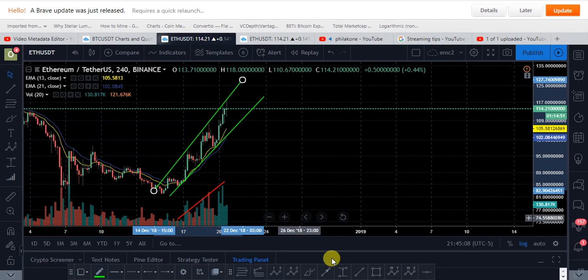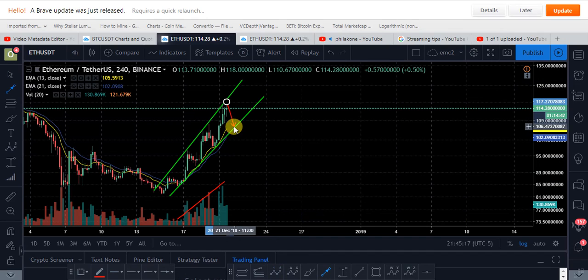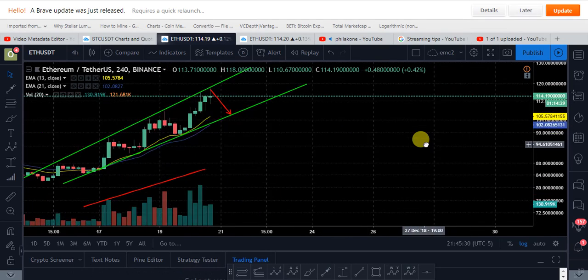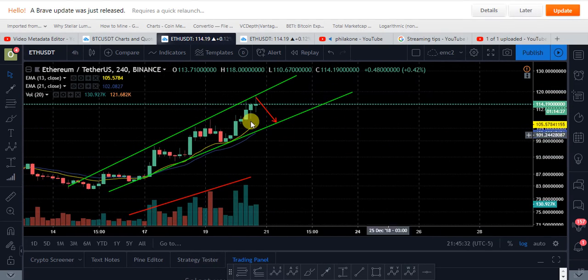So definitely we're going to get a pullback, and let's say retest this support line right here. Which would be right around 109 to 110, right? Alright, so let's take a closer look. Exactly.